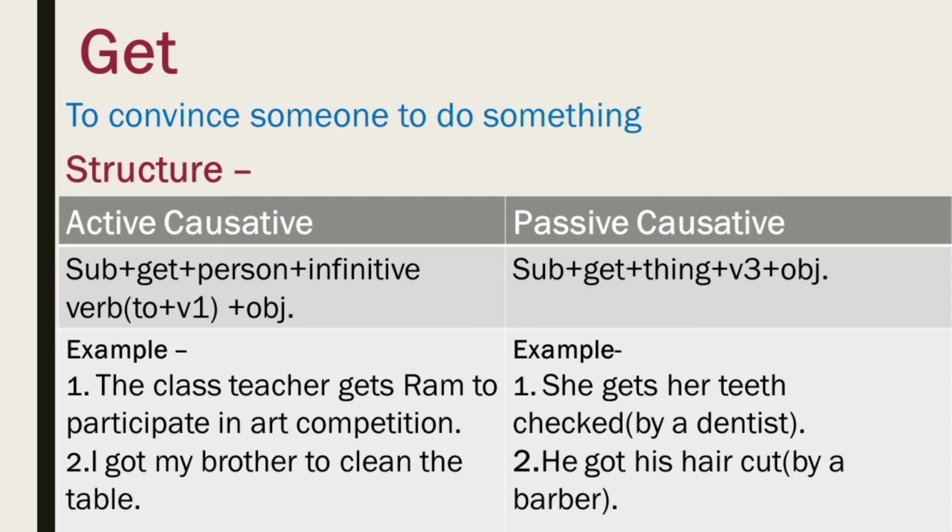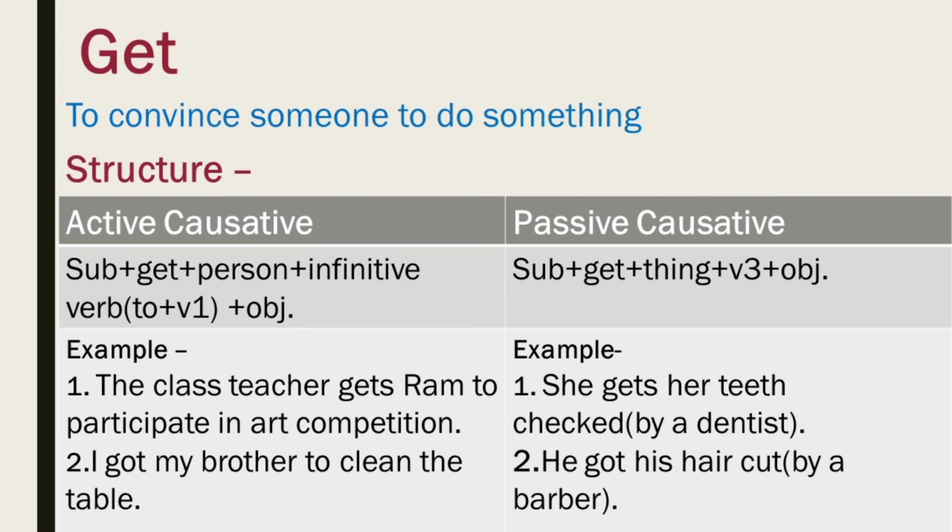She gets her teeth checked. It is understood that she went to a dentist. Okay, but if you want to mention who checked her teeth, you can say she gets her teeth checked by a dentist. Okay, let's see one more example. He got his hair cut.